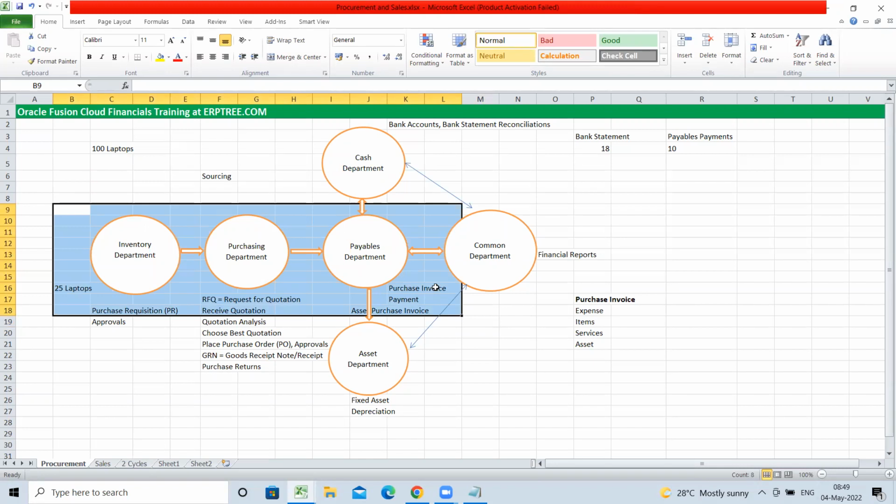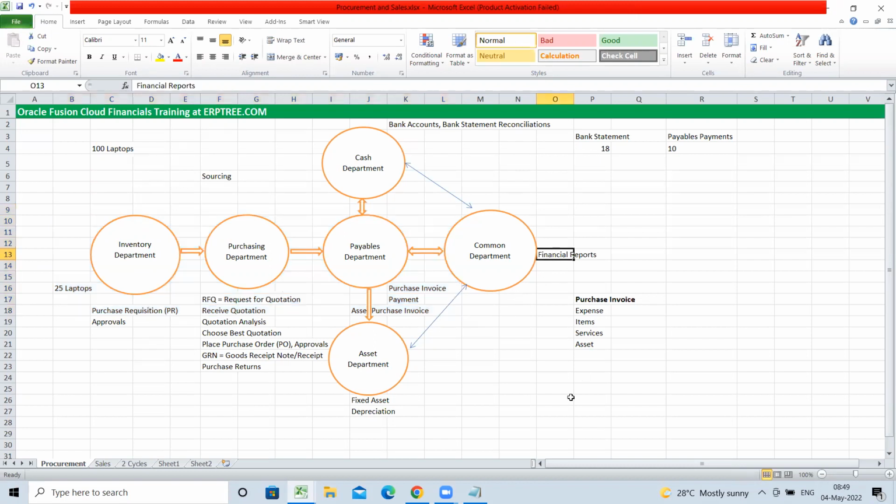If the purchase invoices belong to an asset purchase, then the asset department will create a fixed asset based on that, then calculate depreciation. The payment information will be shared with the cash department for bank statement reconciliation. All the departments will share the data with a common department to prepare the financial reports. So this is how the departments can communicate.